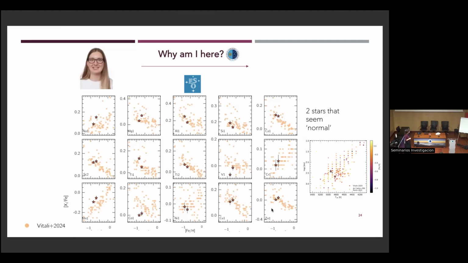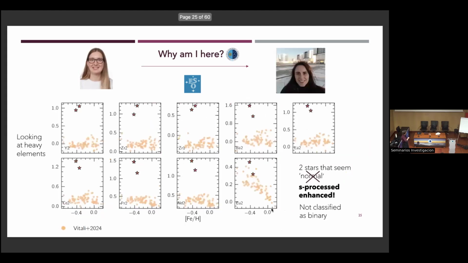And these stars at the beginning were very normal. They followed perfectly the chemical relation as all the other companions. Looking in the Kiel diagram, they were falling as the others. But when I started to derive the heavy elements abundances, then these two stars were different.